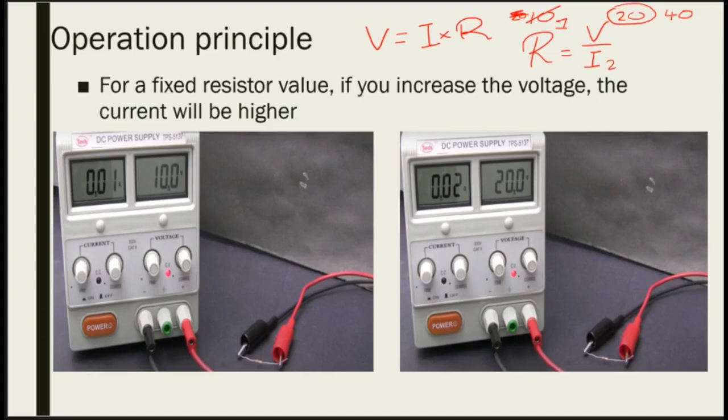So that means your current increased. You can't just say, oh, I know what's going to happen. You need to be given some numbers. But if you bump this one up and you keep this one the same, this has to increase to keep the ratio the same. That's basically it. All right?